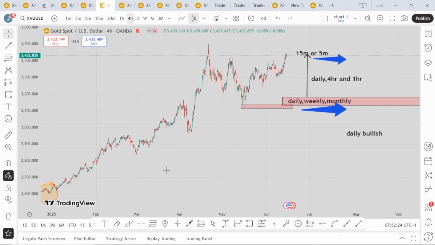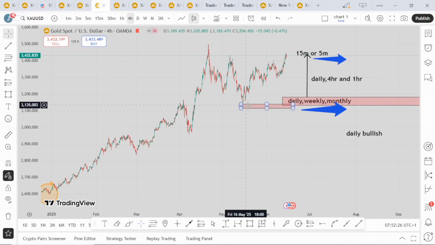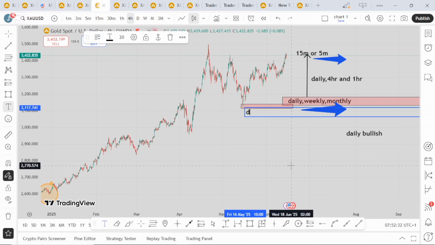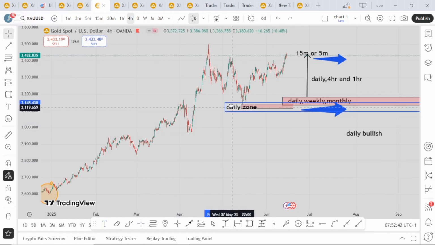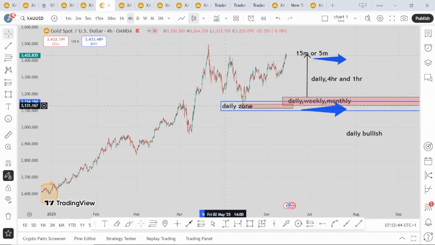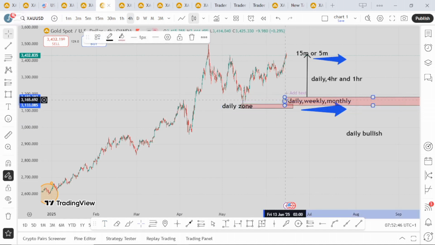I can indicate this as our daily zone. You can indicate this as daily zone so that you remember easily, if you think that it will be a little bit confusing.